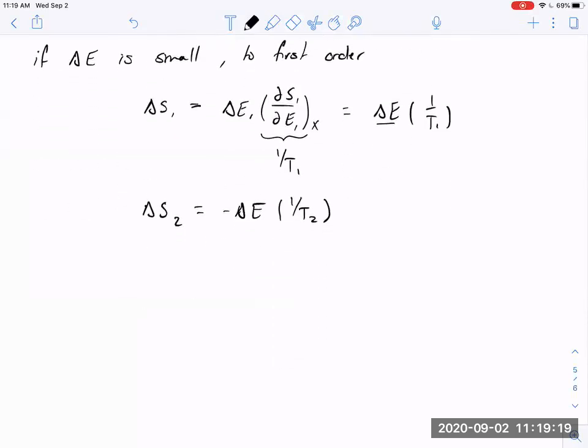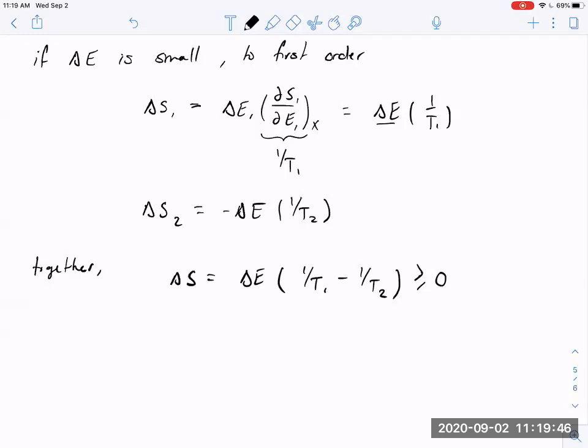So putting together, the total change in the entropy is thus, delta E is common, I can factor it out, delta E times (1 by T1 minus 1 by T2). And for a spontaneous change to have occurred, that needed to be greater than or equal to 0.